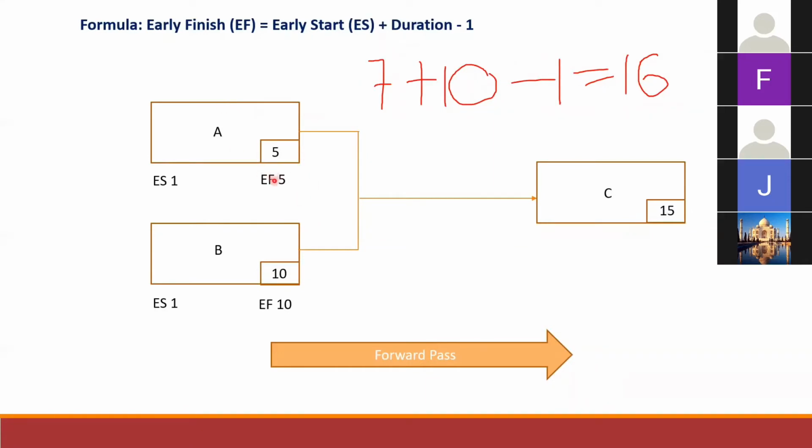The early finish for activity A is on the 5th, while the early finish for activity B is on the 10th. So subsequently, it makes the early start date for activity C to be on the 11th. Using the same formula again, 11 plus 15 minus 1, you get early finish equal to 25.